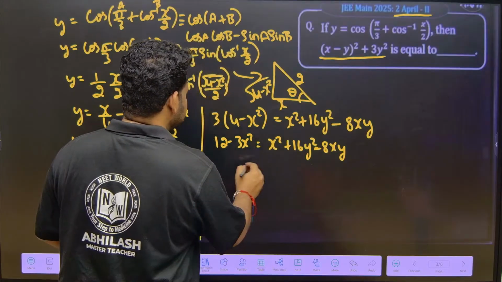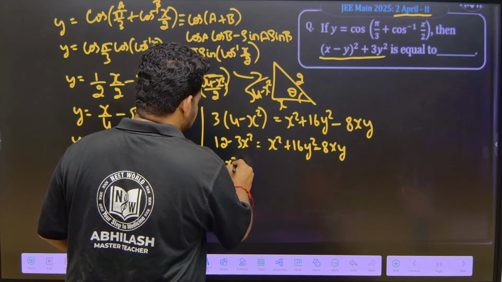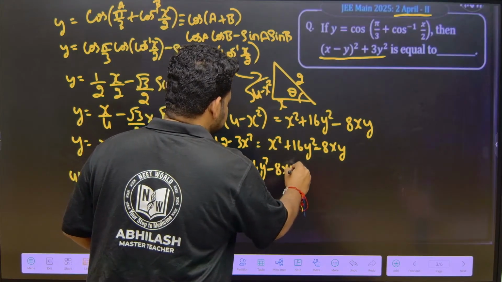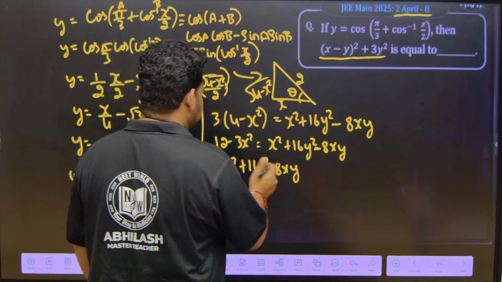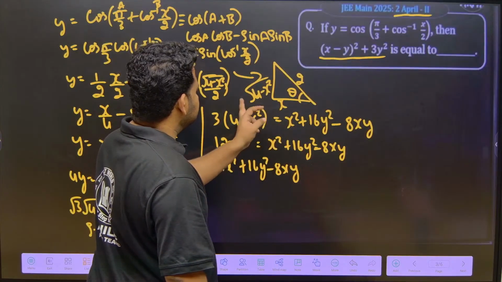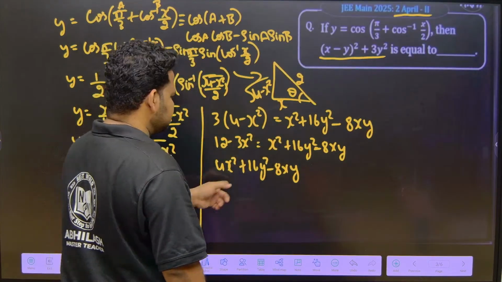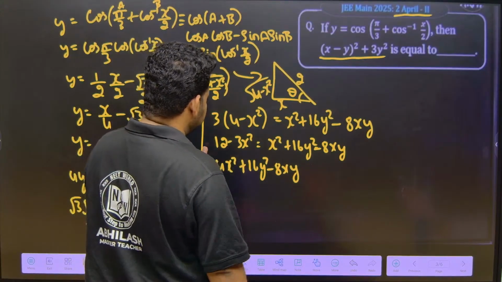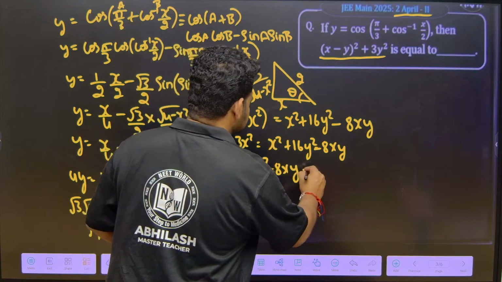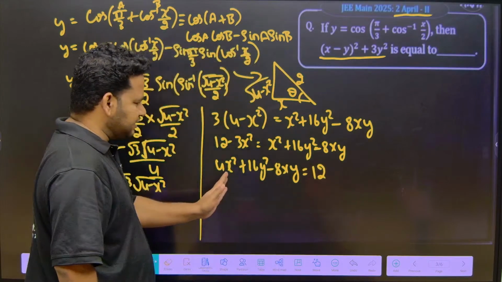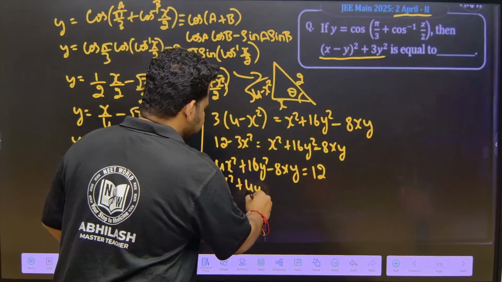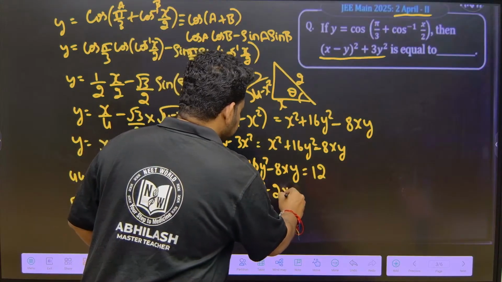This becomes 4x square plus 16y square minus 8xy, and the 12 stays on that side itself, so it is 12. Here I can divide everything by 4. So this becomes x square plus 4y square minus 2xy is equal to 12.